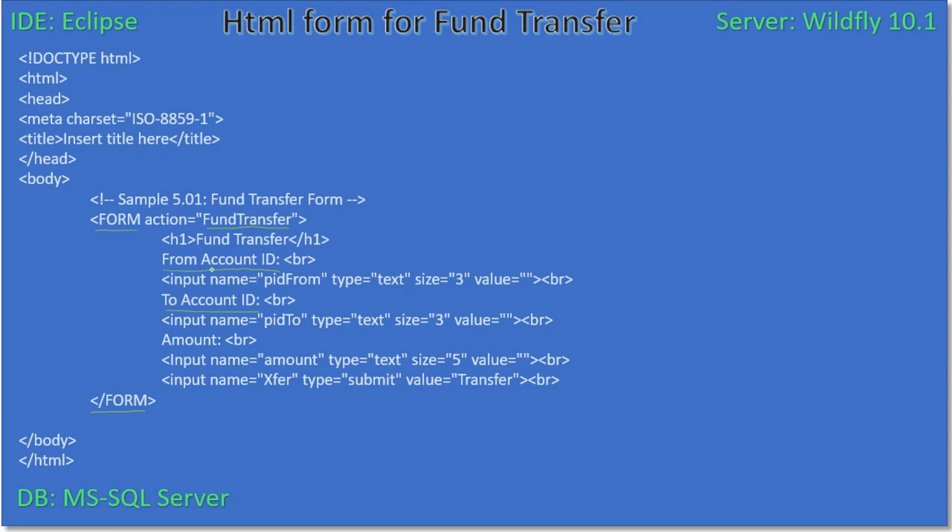Under from account ID we create a text input field named PID from. Here we give PID to, and there is one more text field. Next we specify a label amount, which is also a text field named amount. Finally we have a submit button named XFR, that means transfer.